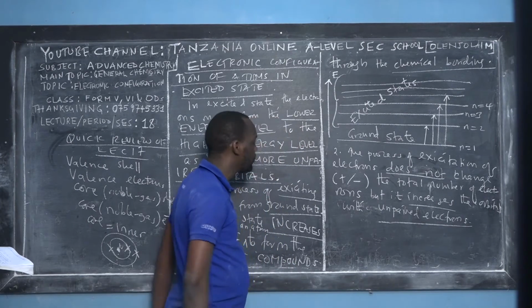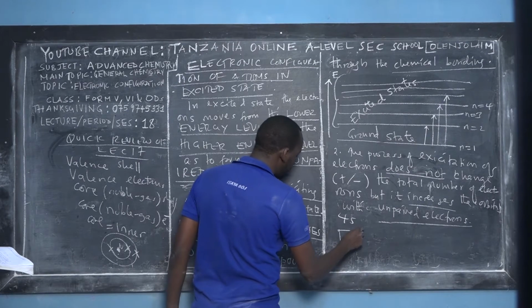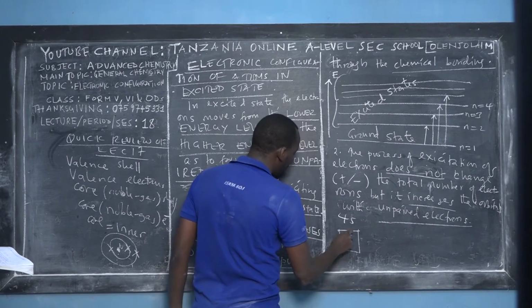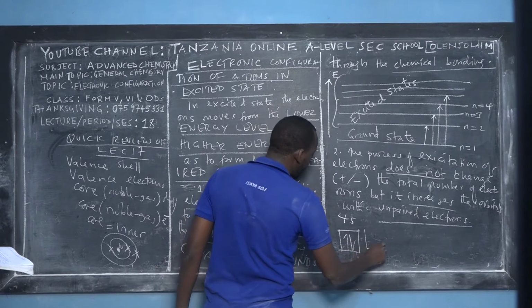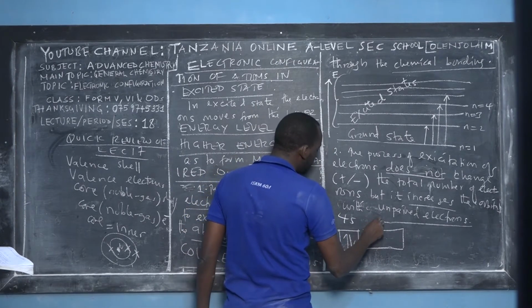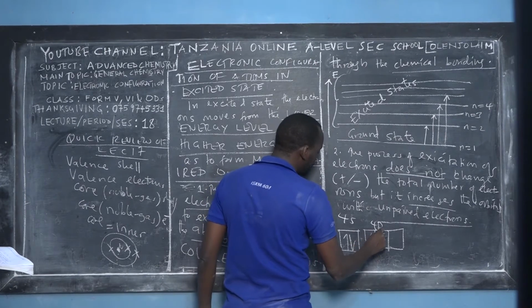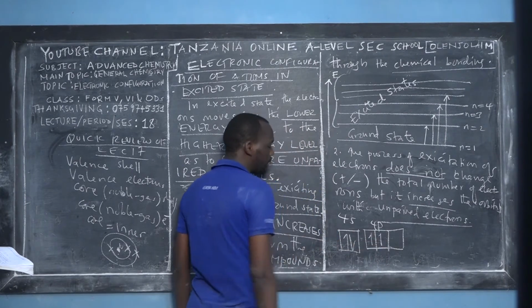For example, you might have the 4s orbital with paired electrons, and then another shell, let's say 4p, which is 3 orbitals. Suppose that at the ground state there are only 2 electrons.